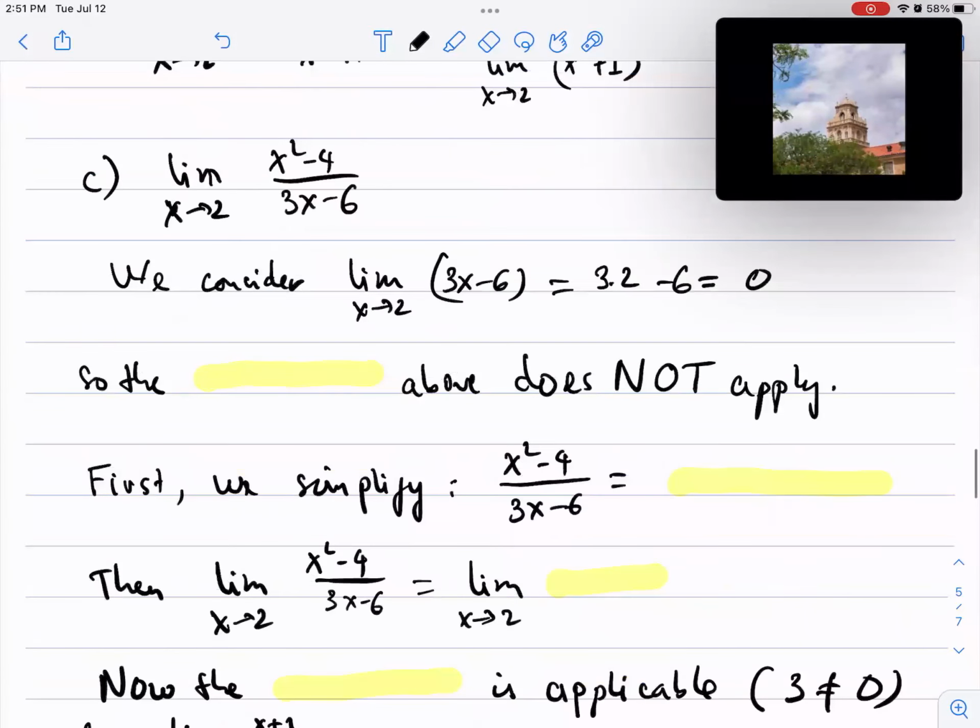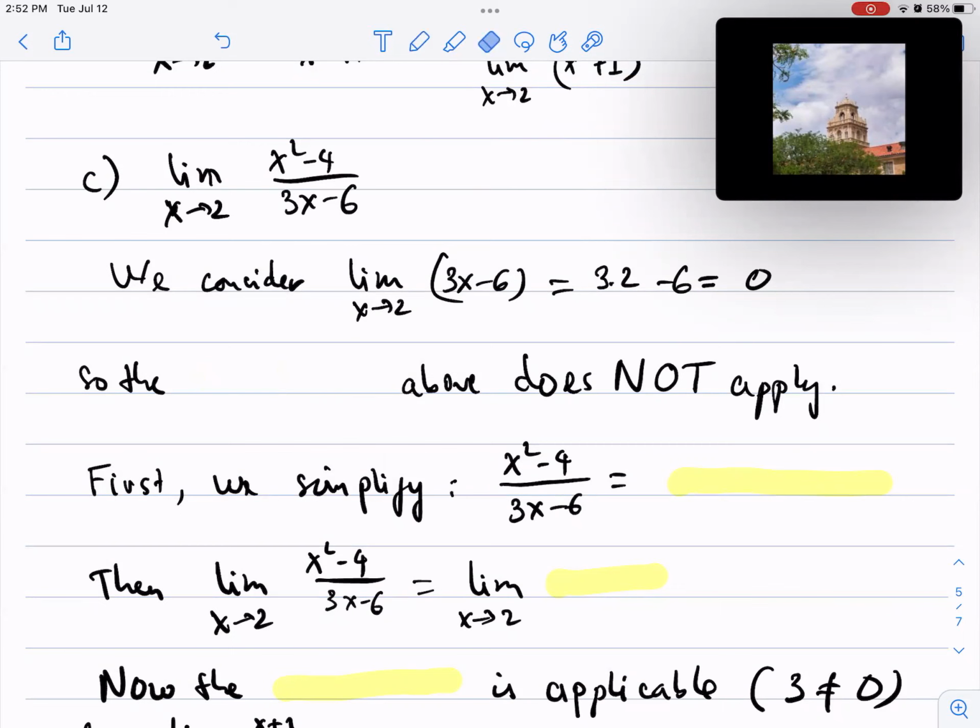Now, part C here will be a little bit tricky. We consider the limit of the ratio x squared minus 4 divided by 3x minus 6. Again, we check the denominator first, and we see that the limit when x approaches 2 of 3x minus 6 equals 3 times 2 minus 6 equals 0.